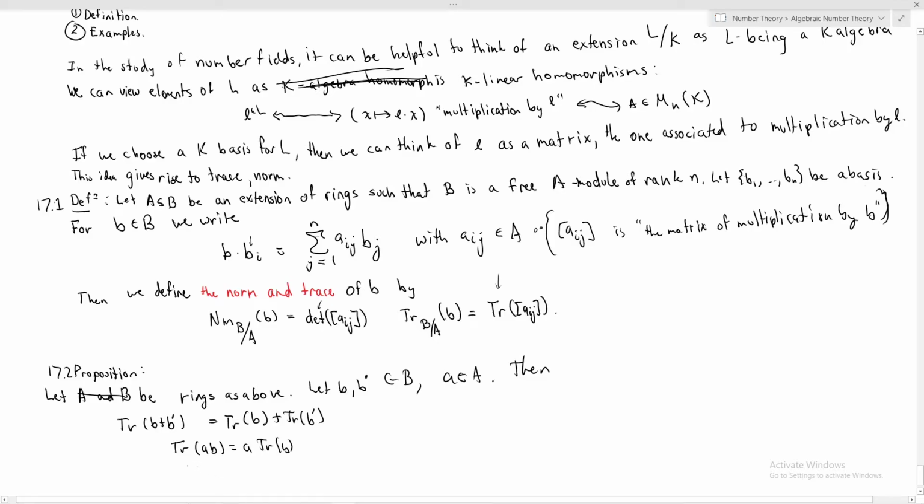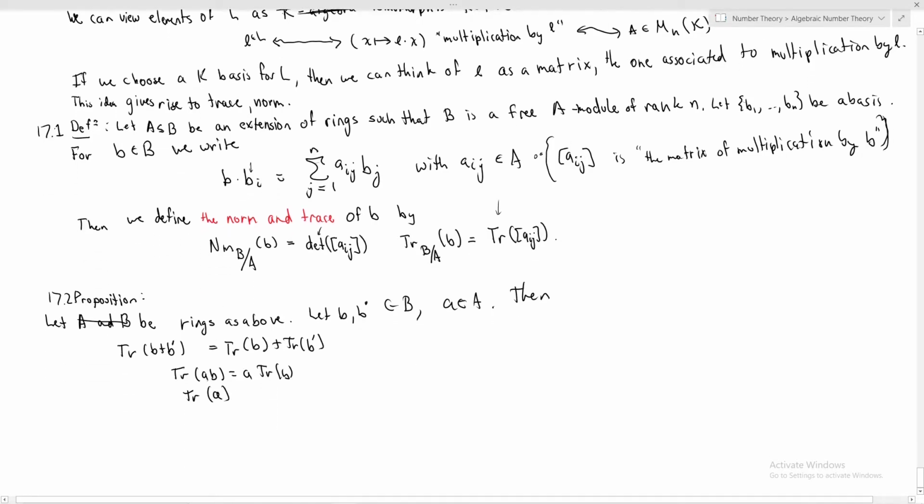And if B is free of rank n, then elements of A just go to A to the n. So how do you see this? It's because A times Bi is just A Bi. So the matrix associated to an element A is just the diagonal matrix A.